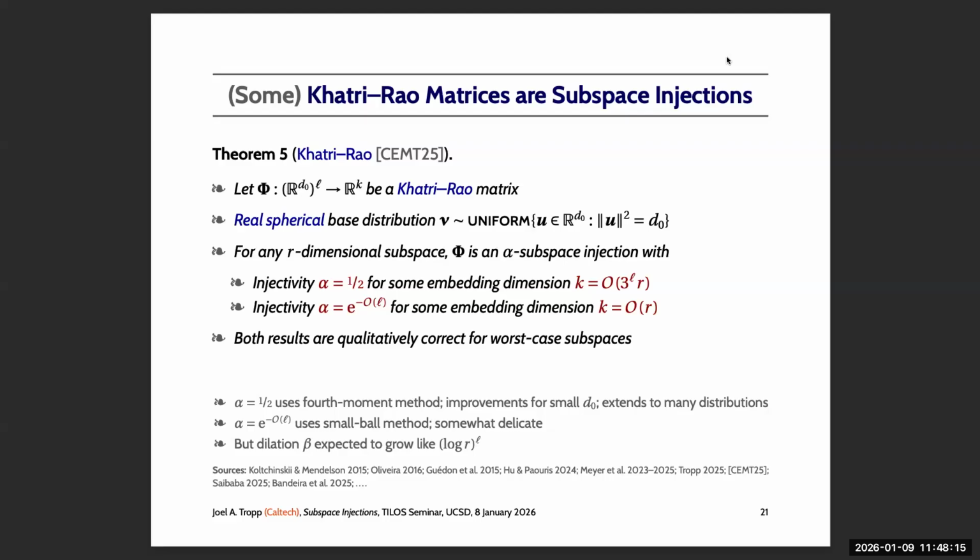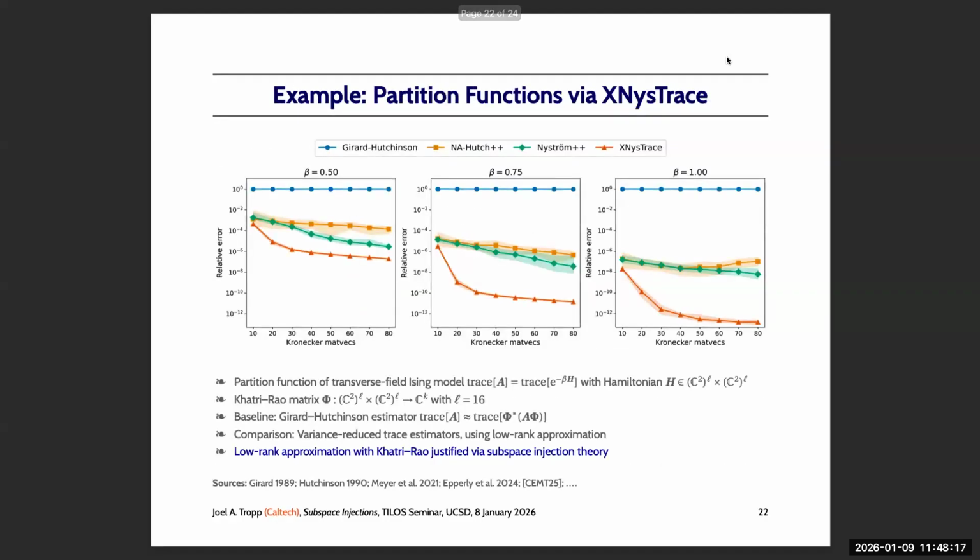Okay. All right. So here's a short example of how this applies to a computational problem in quantum chemistry. This is kind of a toy problem, but it gives you some sense of what to achieve. We're interested in a matrix of dimension 2^L by 2^L, which is the Hamiltonian of the transverse field Ising model.